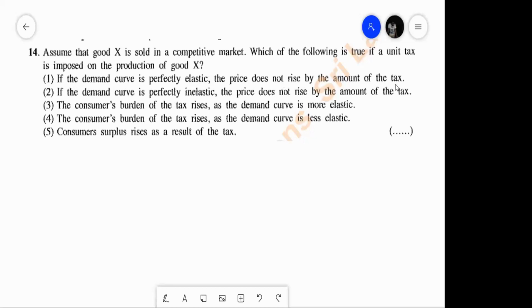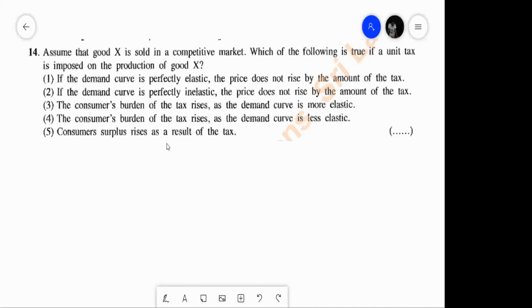So price does not rise by the amount of the tax. That can be the answer as well. No, not that. If the demand curve is perfectly inelastic, the price does not rise by the same amount of the tax. They say consumer burden of the tax rises as demand is more elastic. Consumer burden of tax rises as the demand is less elastic.